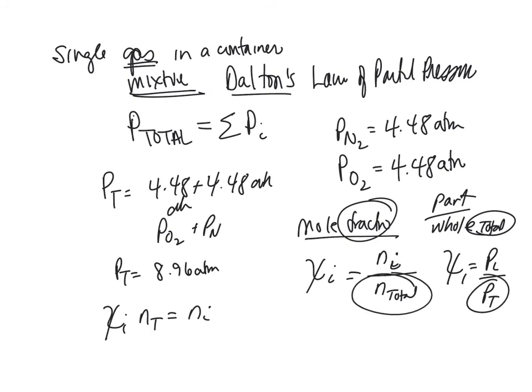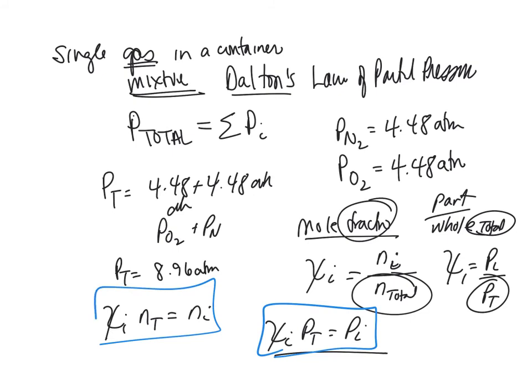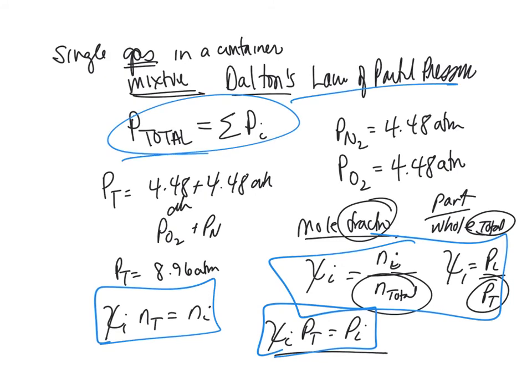And same thing here, you can say the mole fraction times the total pressure gives you the partial pressure of that individual gas. So you'll want to be able to apply these formulas. And they all basically come out of Dalton's partial pressure, which is the summation of each one of these individual pressures.